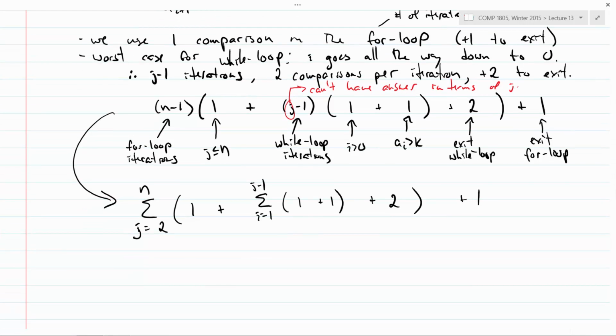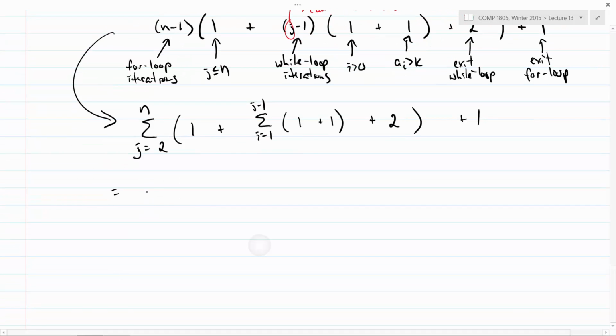So now what we do is we just work on the sum. So sooner or later you will have to go to sums. It's just this time we deferred it a little bit. But luckily this sum isn't too bad. So the sum is j equals 2 to n of 1 plus, well, I can just simplify this in one go and say 3 plus the sum of i equals 1 to j minus 1 of 2 plus 1.